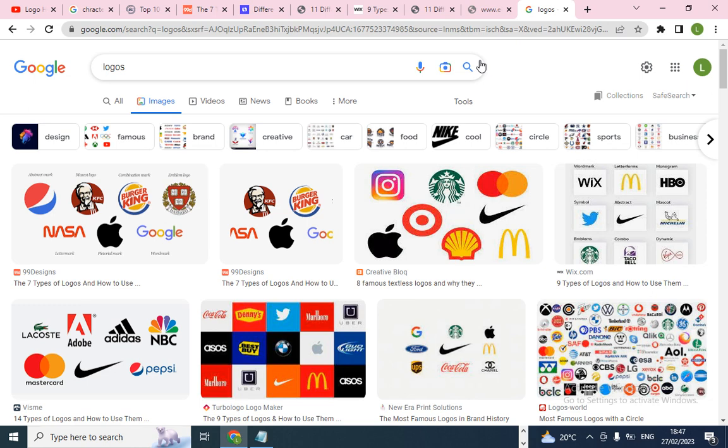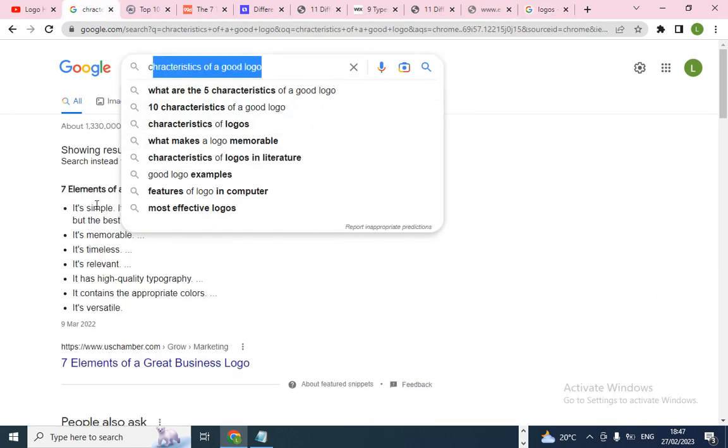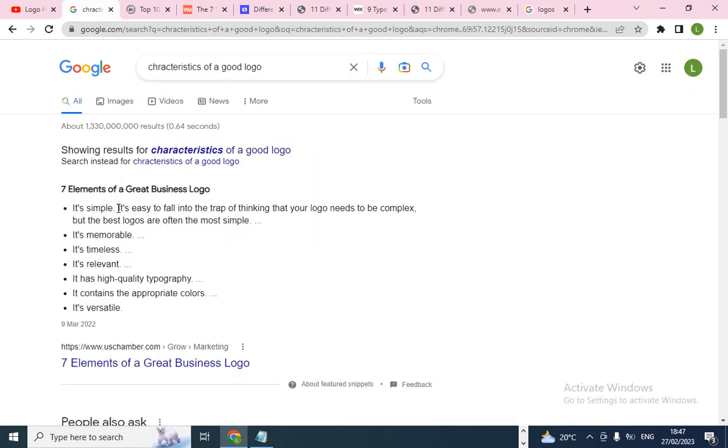Besides that, we are to start with the characteristics of a good logo. There are a number of characteristics or elements of a good logo, but there are 7. One, it should be simple.